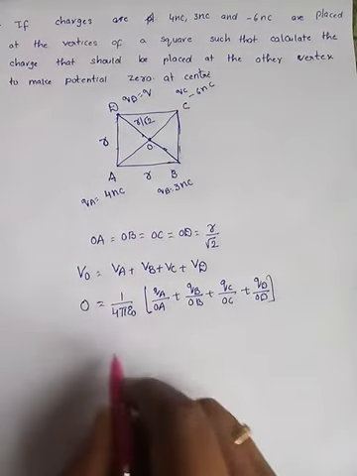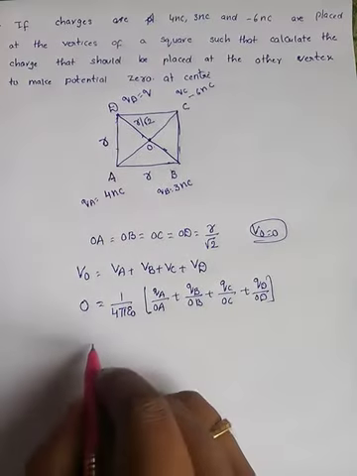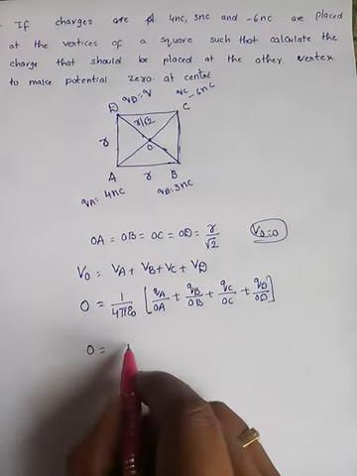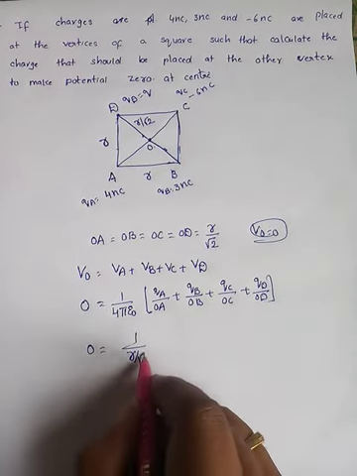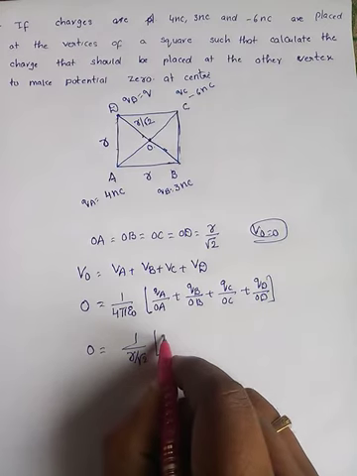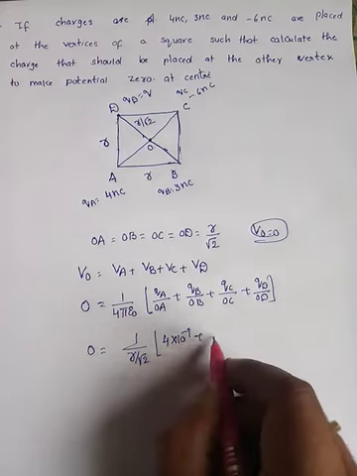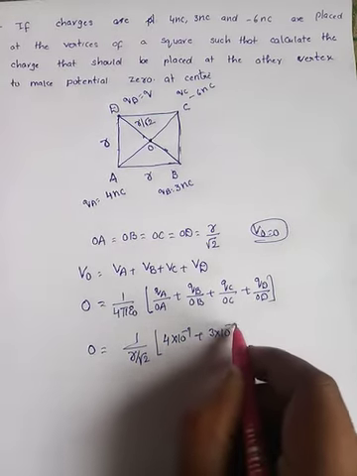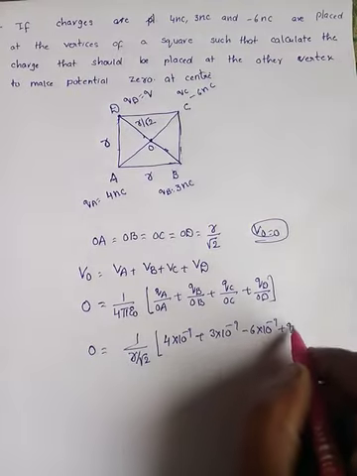So what is the net potential at O? It is 0. So sending that side, what do you get? 0 equals, since distance is common, R by root 2. What are the charges at A, B and C? 4 into 10 raised to minus 9 plus 3 into 10 raised to minus 9 minus 6 into 10 raised to minus 9 plus Q.